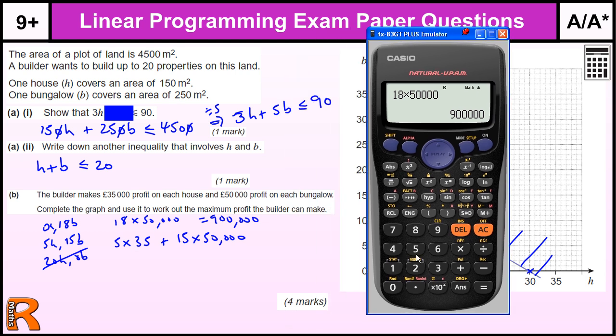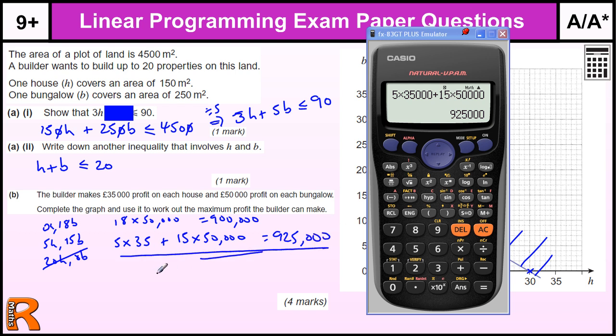And 5 times 35,000 plus 15 times 50,000 equals 925,000. So that's our best one, and that's the maximum profit, 925,000 for 4 marks.